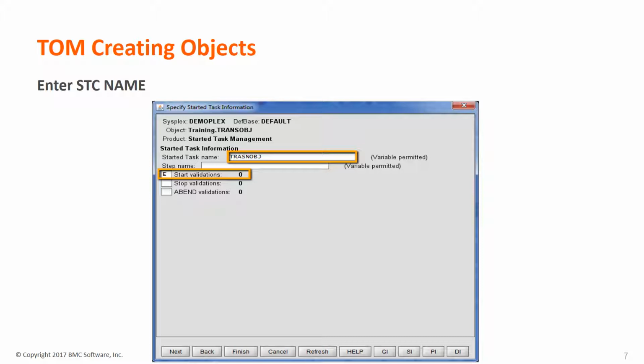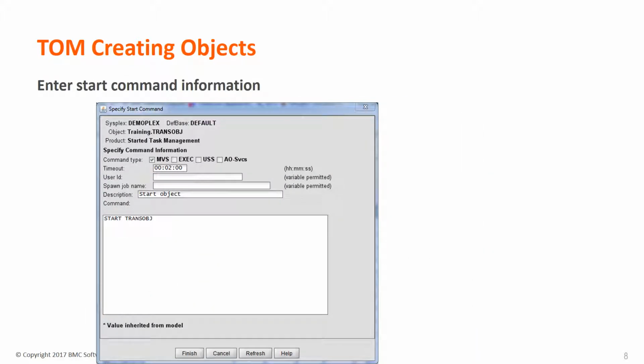The next display we have is the started task information panel, and here we specify the actual name of the started task, and we can optionally specify the start and stop validations. So how does TOM know when this object is successfully started or stopped? Here's an example of a start command that you could specify with TOM.